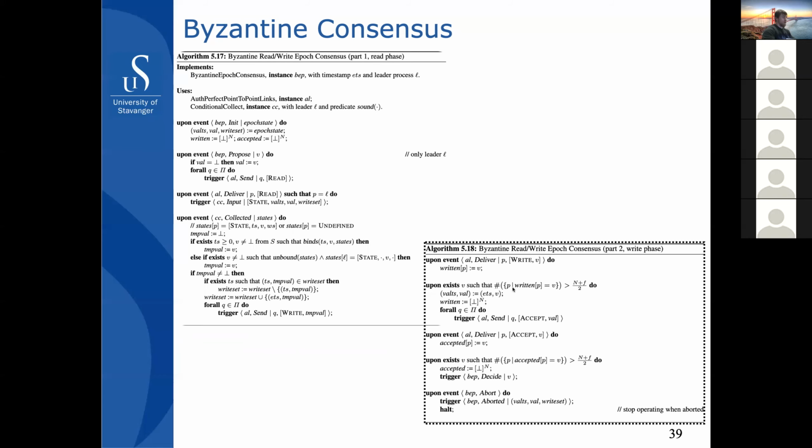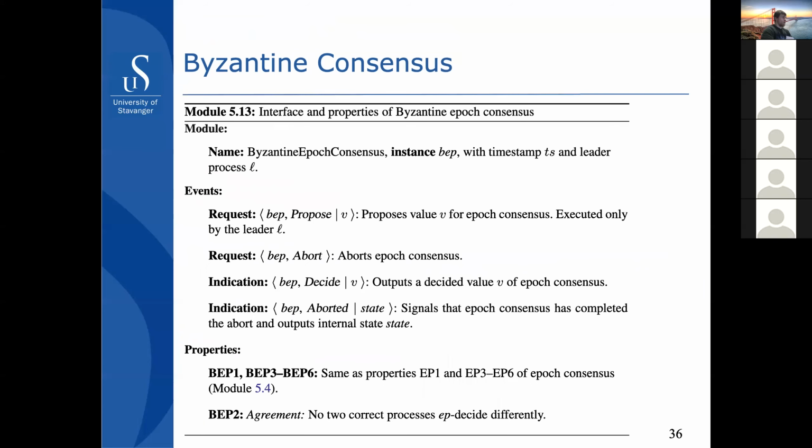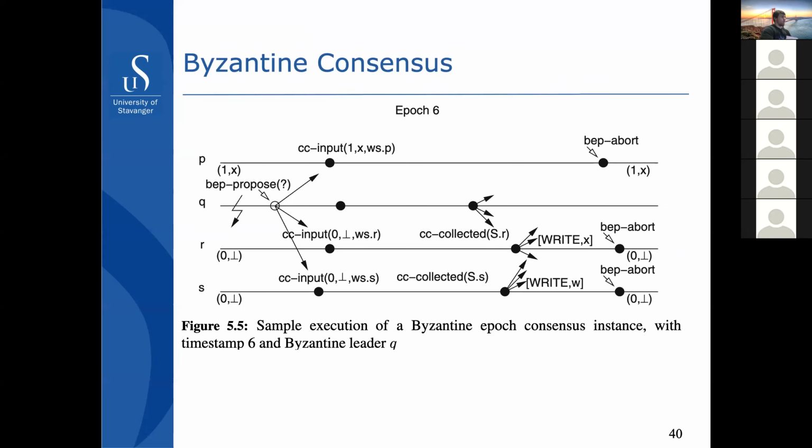And remember, we have the property BEP2, no correct process decides differently. So due to this, we do not reach a Byzantine quorum. Remember that f is 1, n is 4, and 4 plus 1 is 5, divided by 2, rounded up to an integer is 3.